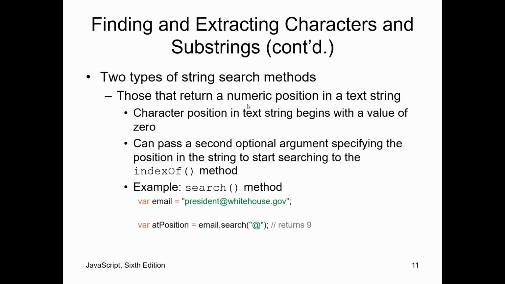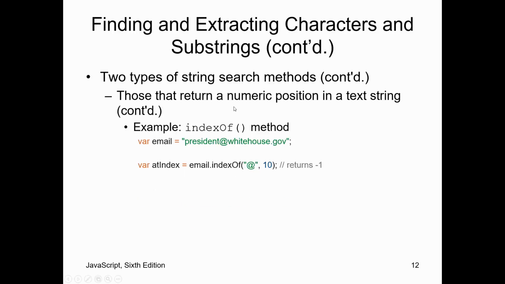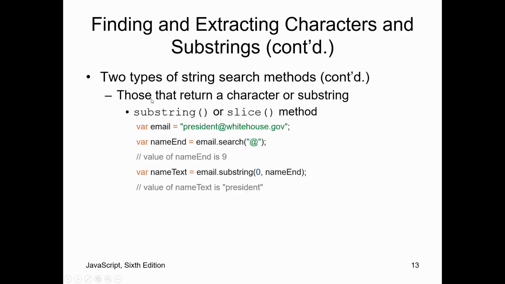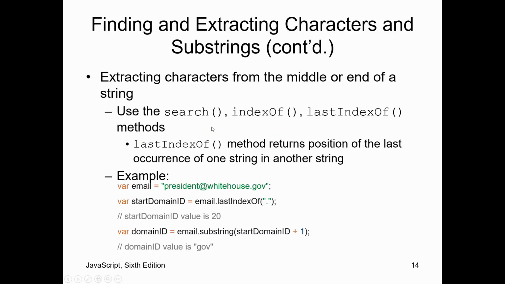If I typed in my name, Jeffrey Paul Scott, and I wanted to know where the S was, that would return the numeric position. If I wanted to know what existed at a certain position, that would return a letter. So this returns the position: indexOf is an example, search is an example. This returns the character: substring or slice. Again, these aren't going to make a lot of sense until you start seeing them in action and you work with them in class.